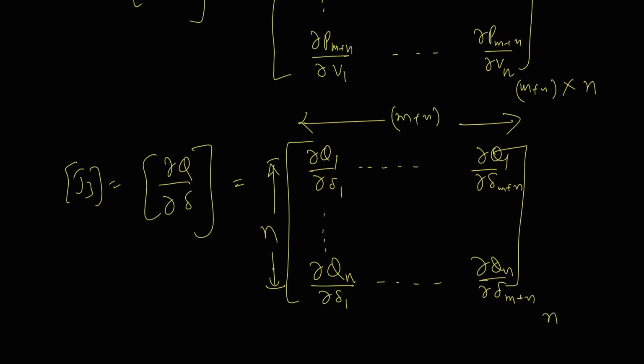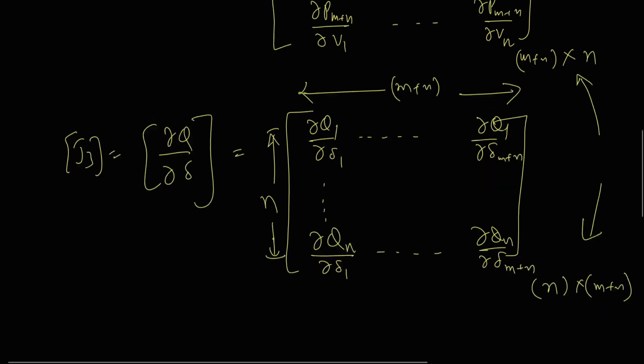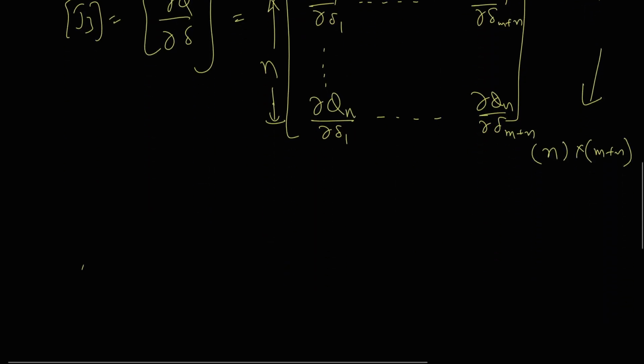That is n by m plus n. This is opposite to the previous one.